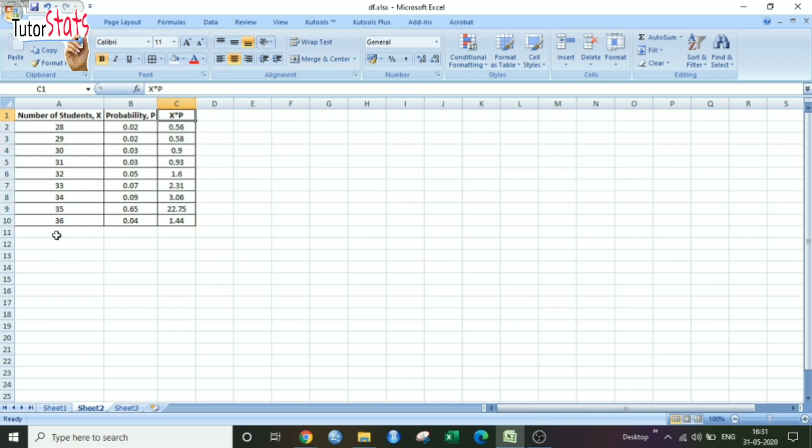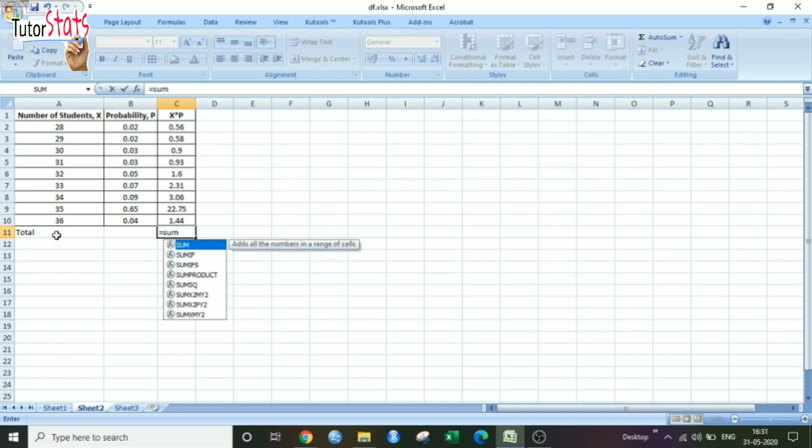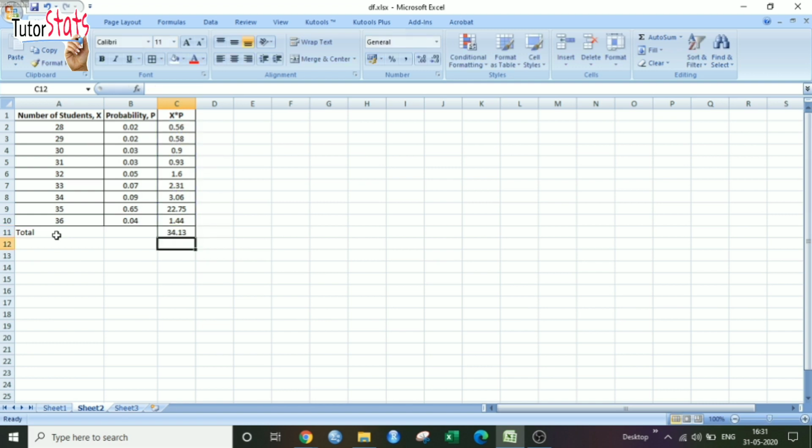Right, and now we will take the sum of this entire column. So 34.13 is the value for summation of x into p.